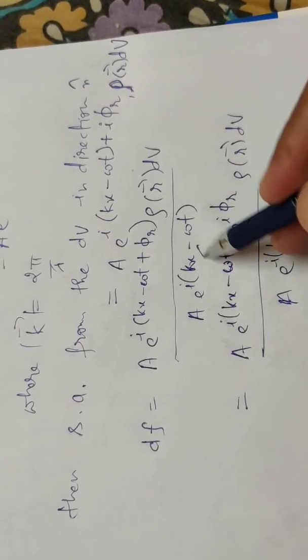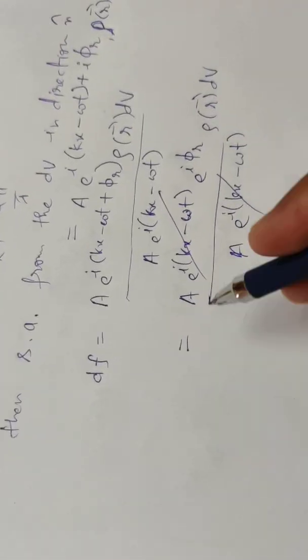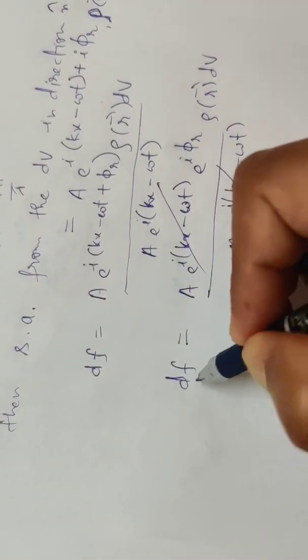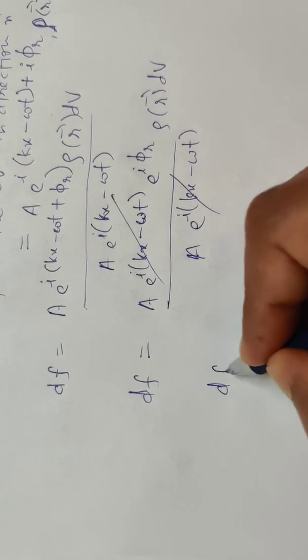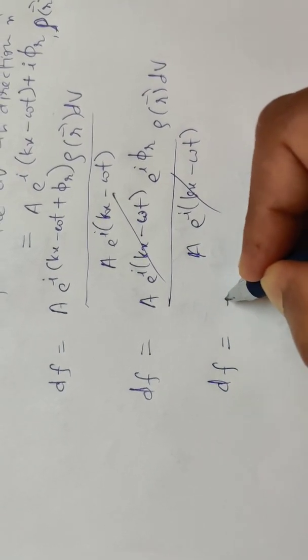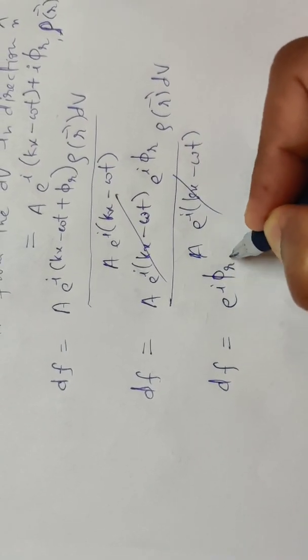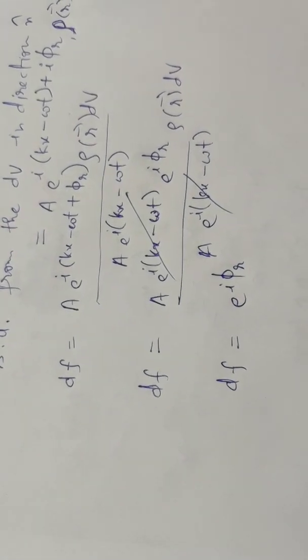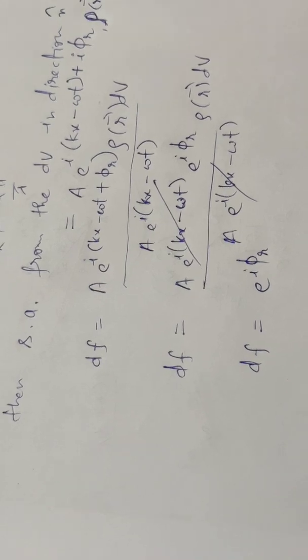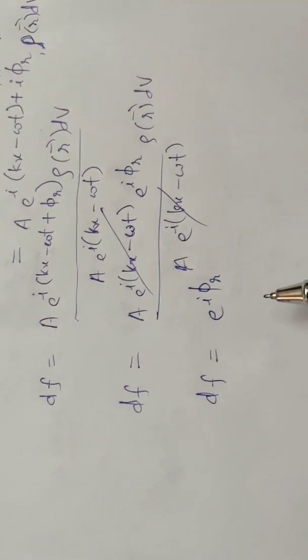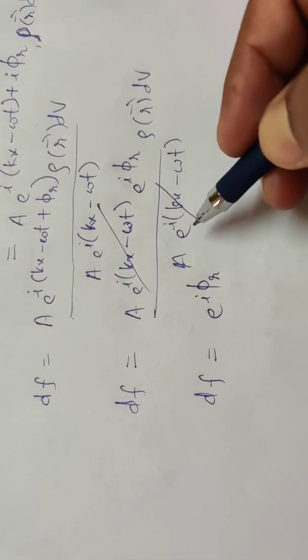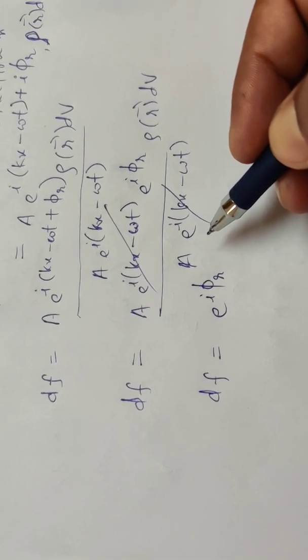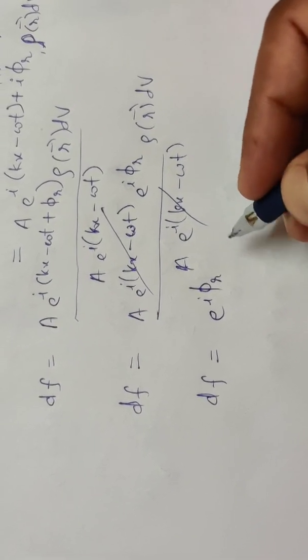So this term will be cancelled. Now the remaining term will be e raised to power iota phi r, where phi r is the phase difference between the scattering amplitude from the charge distribution and the scattering amplitude from a point electron at the origin.